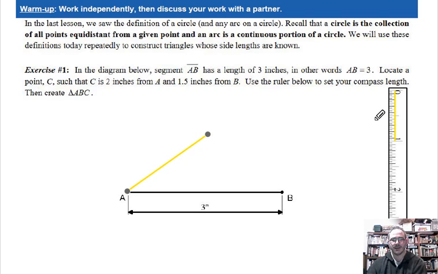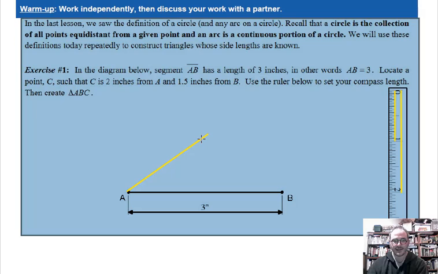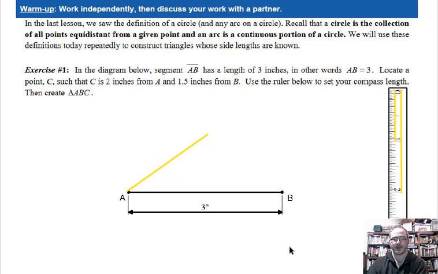This point here is going to be 2 inches, maybe it's 2.8, 2.9. I'm measuring. Let me see if I can click on that point. Nope, it's not going to let me click on that one point. Okay, in that case, let me try again.